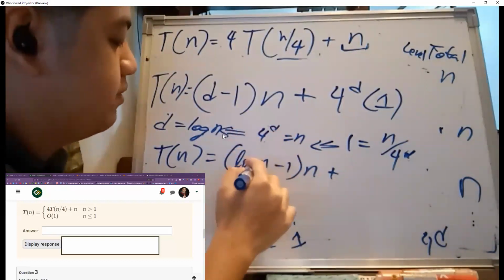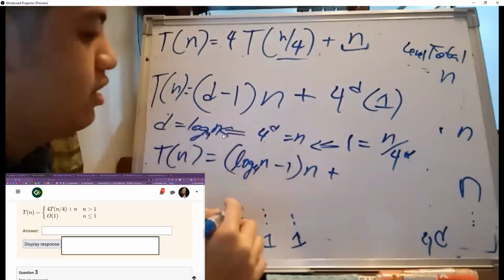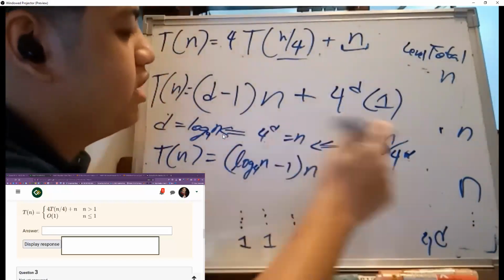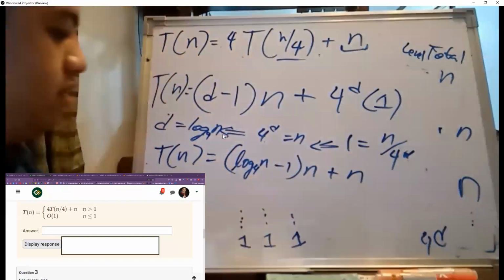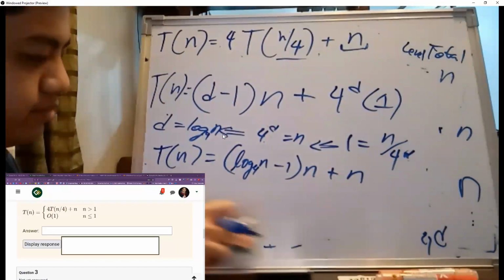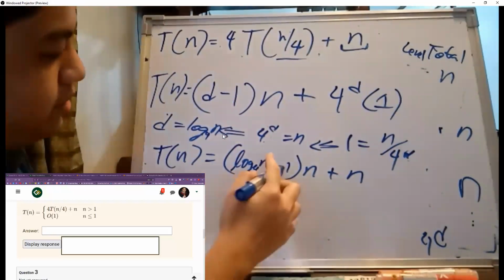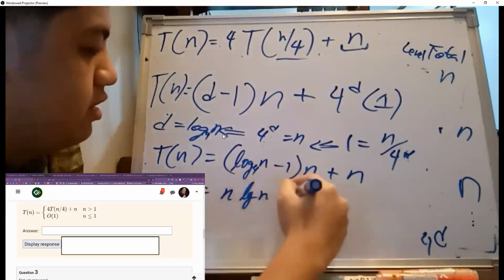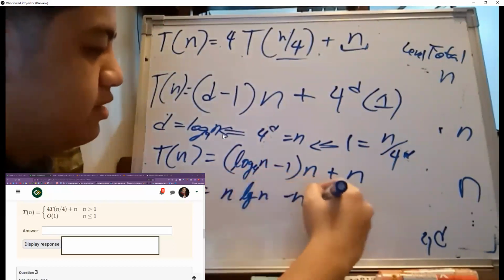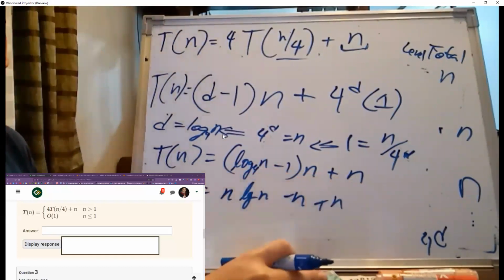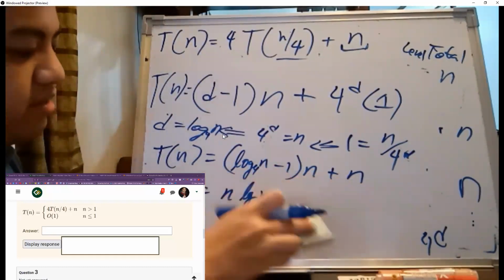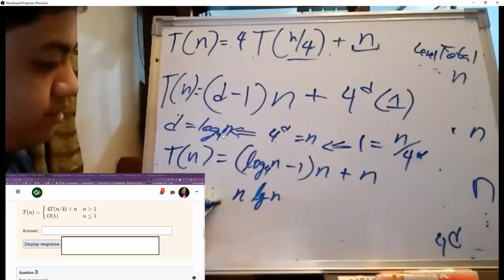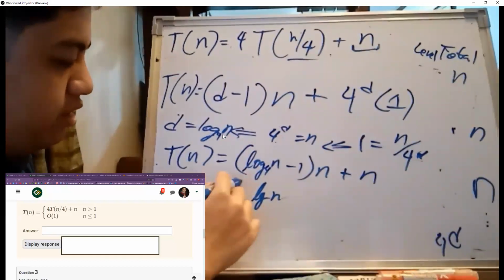So log base 4, ito, and then plus, so si 4 to the d ay equal kay n plus n. So this is n log n minus n plus n. So you see minus n plus n cancel out. So yung ating big O ay n log n.